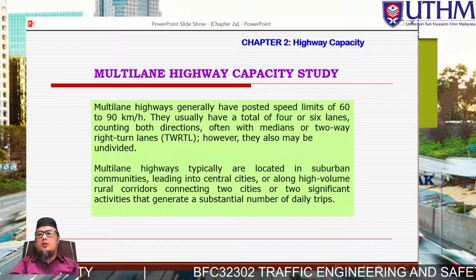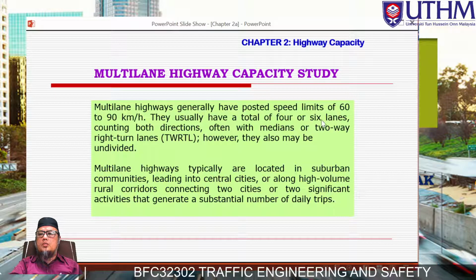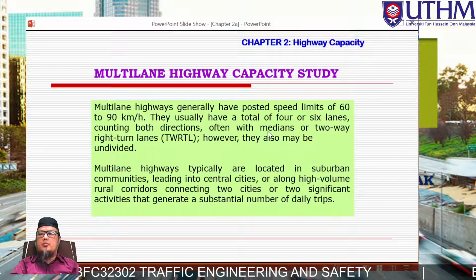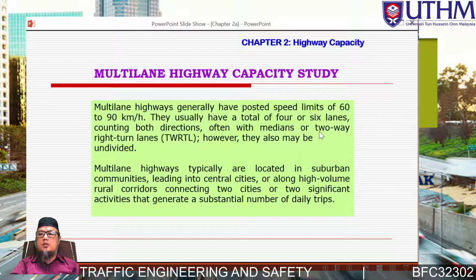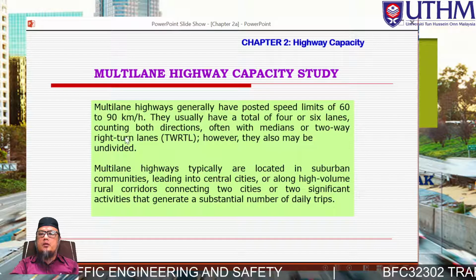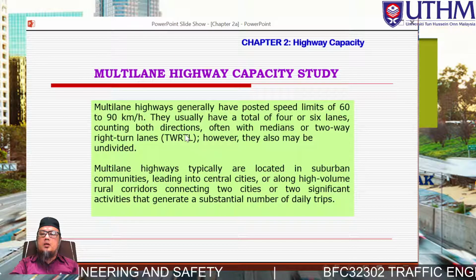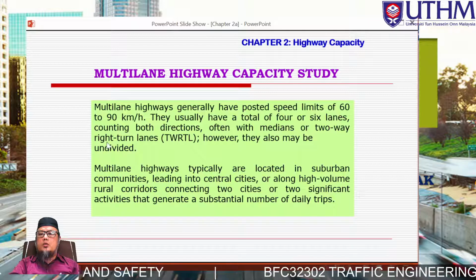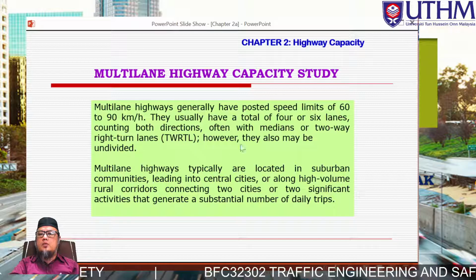They also have 4 or 6 lanes in both directions, and often have medians or dividers. Some have a two-way left-turn lane, which is one extra lane in the middle to make a right turn maneuver.